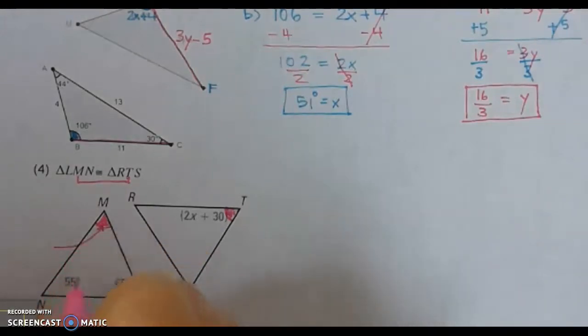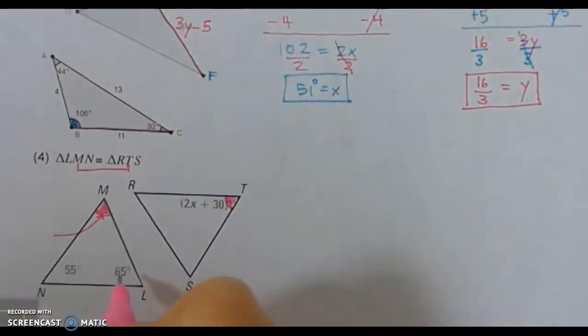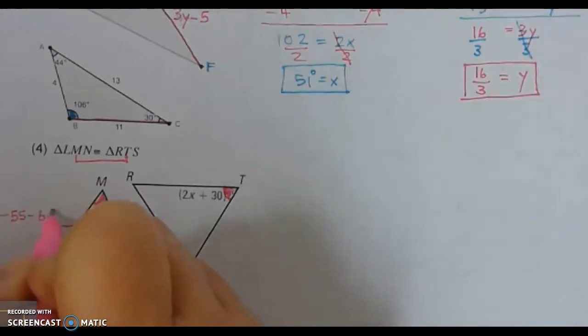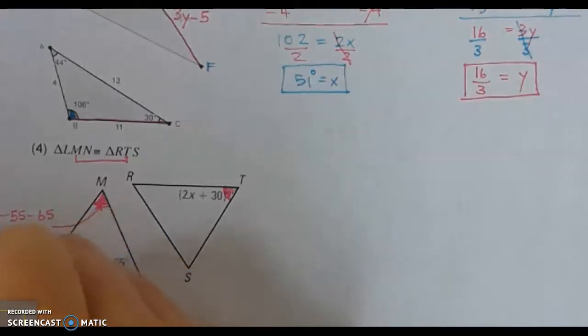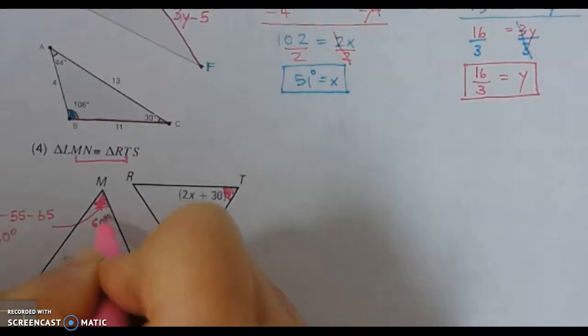Whatever this angle is, plus this angle, they need to add to 180 degrees. So I can subtract: 180, take away 55, and take away another 65. That's like taking away 120 because 55 plus 65 is 120. 180 minus 120 is 60 degrees. So I have just figured out this is 60 degrees.